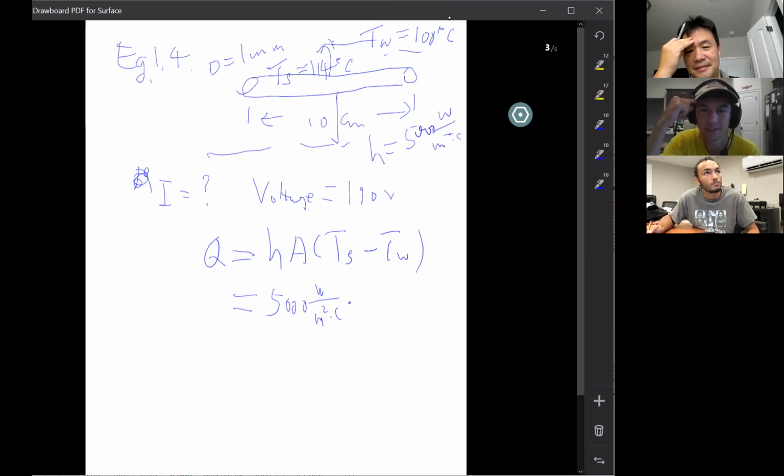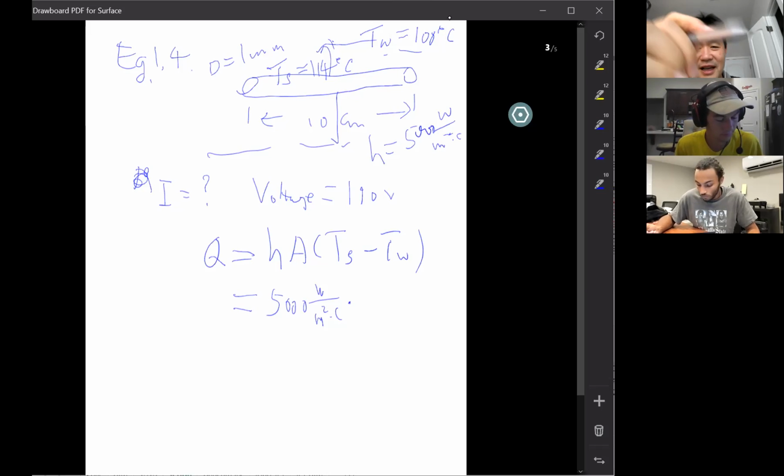I assume it'd be the circumference times the length. That's right. Be careful. It's not the cross-sectional area times the length, okay? To calculate the surface area of a cylinder, many students will make a mistake by doing pi r squared times the length. That's wrong. That's the volume, actually.